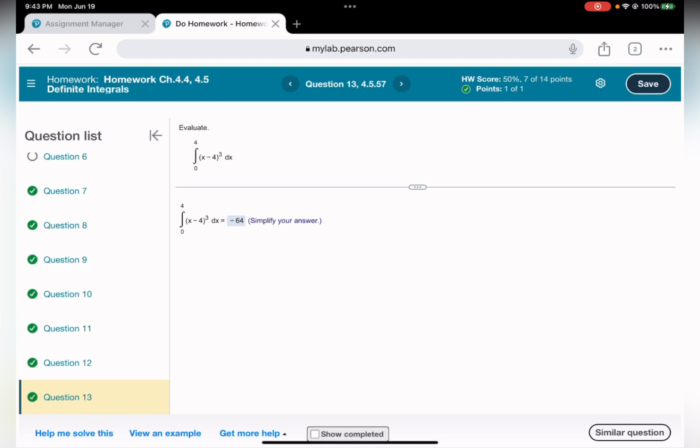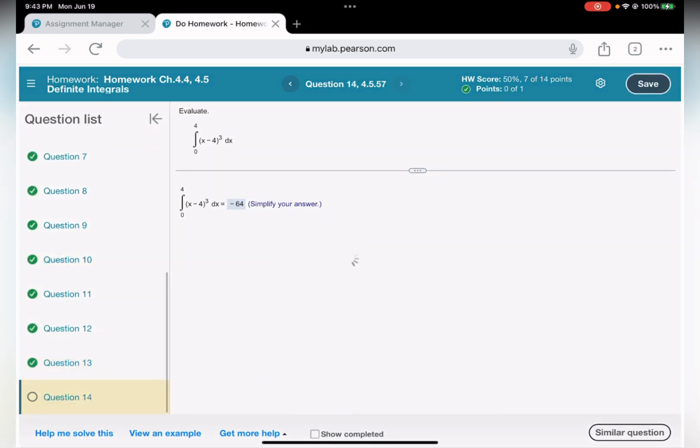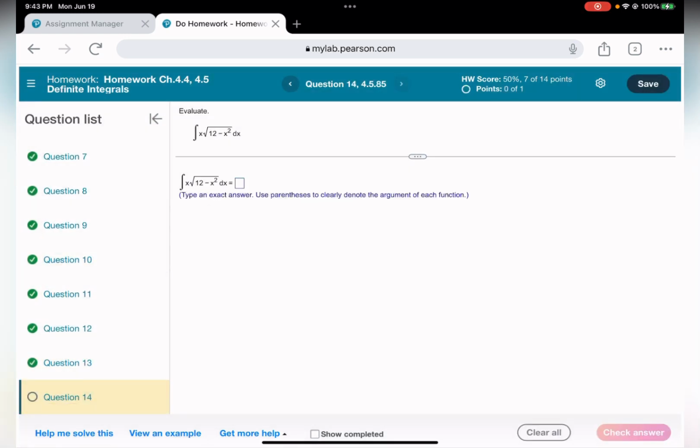All right. And the last question is going to be number 14. Oh, we have a square root. Very interesting. Let's see what it is. Okay, so 12 minus x squared. Take a guess how we're going to solve this one. What are we going to substitute?